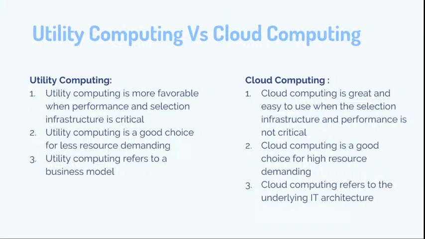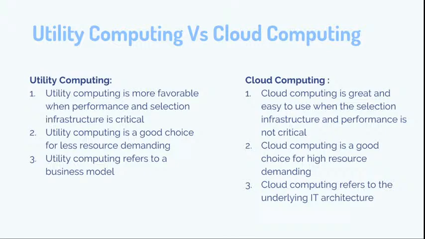Utility computing gives the most favorable performance and selection of infrastructure in critical situations, but it is as they provide it: you need to do those things only, and extra things are not allowed.